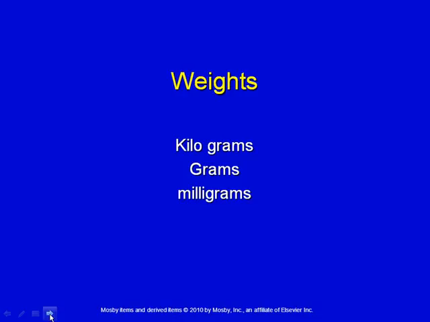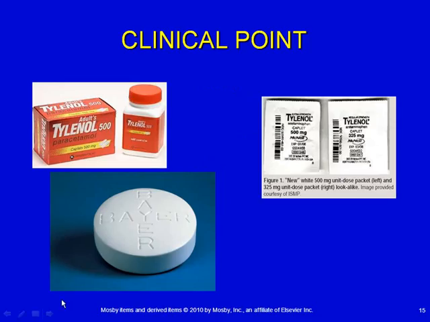Weights, and this we're looking at on page 64. The base of a weight is a gram. 1,000 times a gram is a kilogram. A 1,000th of a gram is a milligram. Weight, as we may have already discussed in class, is the weight of the dosage.